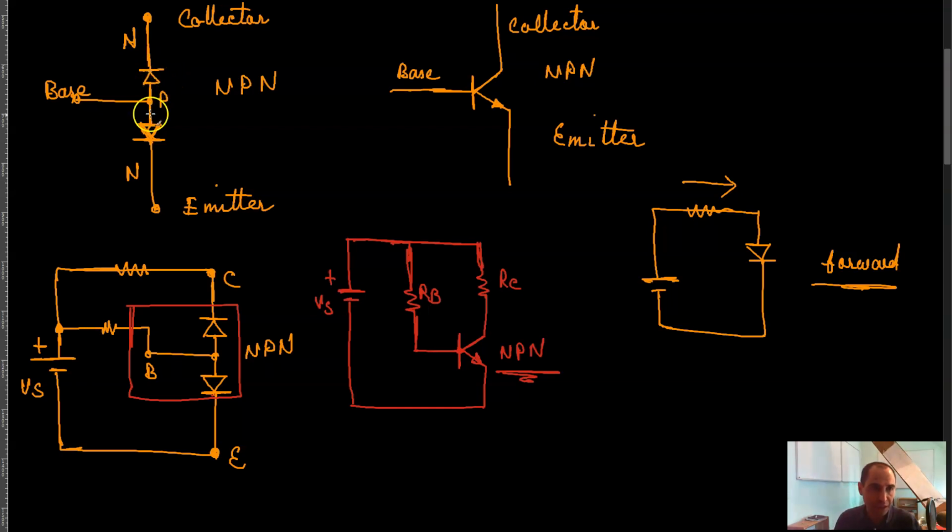In an NPN, anode is connected to anode, but in a PNP transistor, cathode is connected to cathode, and the name is based on the same thing, meaning that you have a diode over here, and a diode over here, and the cathode is connected to the other cathode.